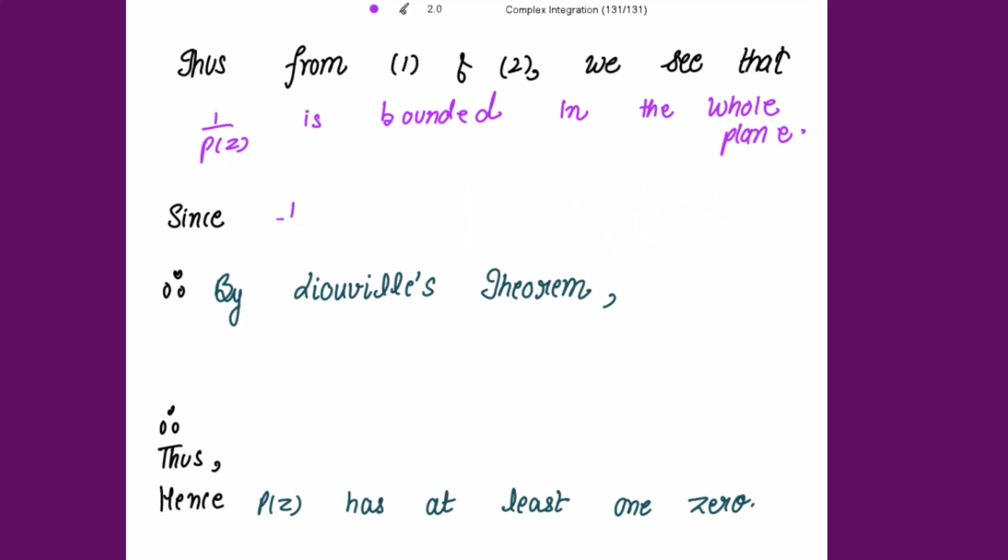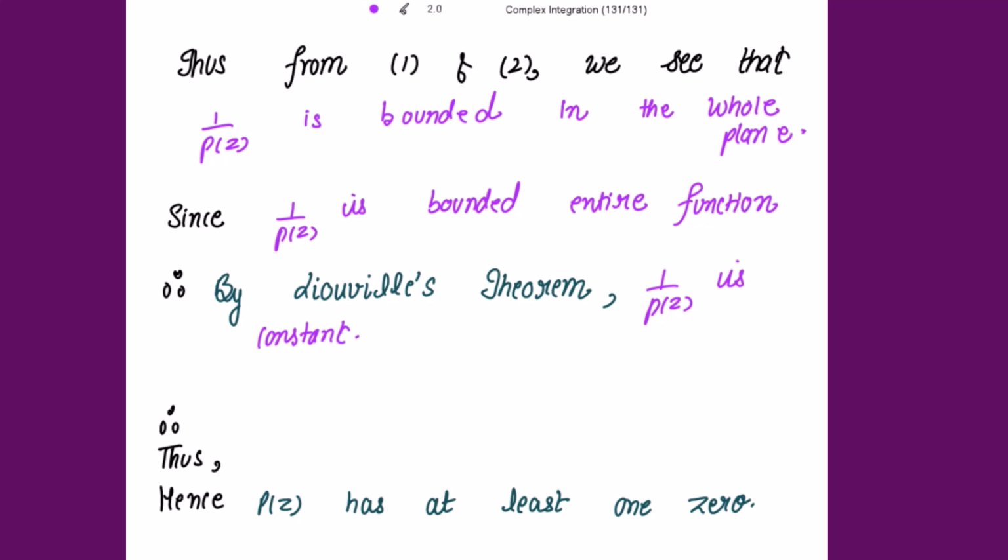Now since 1 over P(z) is a bounded entire function, by Liouville's theorem 1 over P(z) is constant. And what we have supposed is that 1 over P(z) never vanishes. So this supposition is now wrong, because 1 over P(z) being constant means P(z) is also constant, and it can attain the value 0.